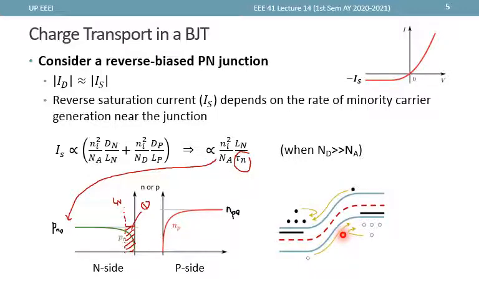Now, one notable behavior that we are observing is that even if we reverse bias this junction further, we'll just get the same amount of current, because the carriers being fed are not mainly dictated by this electric field right here, but mostly by the random movement that caused them to get here before they are drifted to the other side.